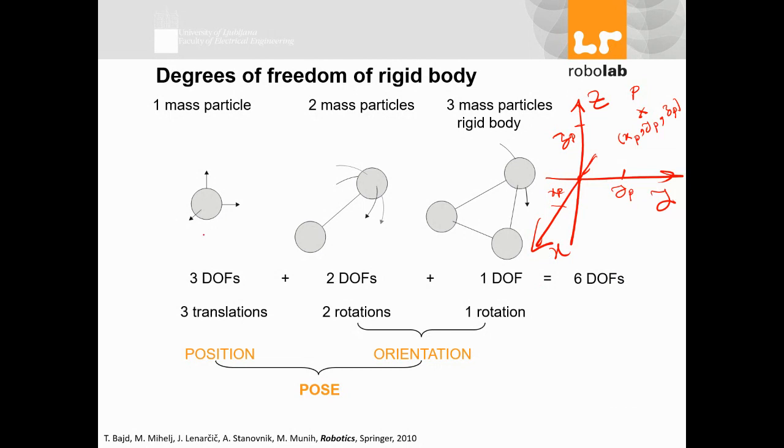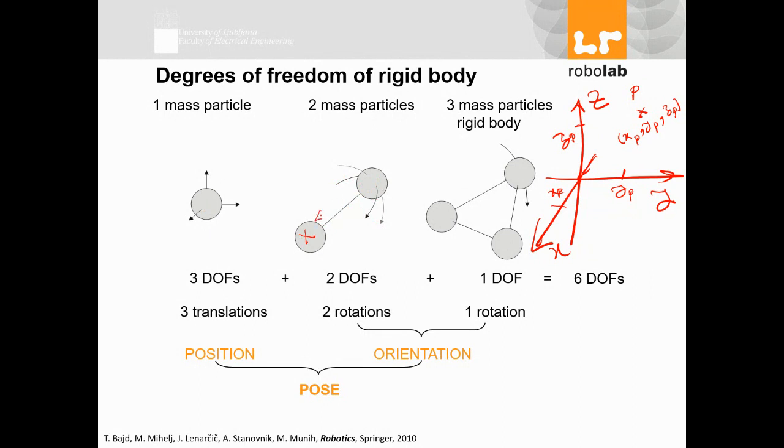So think about one object. If you know X, Y, and Z, this object has 3 degrees of freedom and can go to any position in 3D space. If instead of one object, you have 2 objects connected together, one of them is fixed, and the other one can move in any direction.